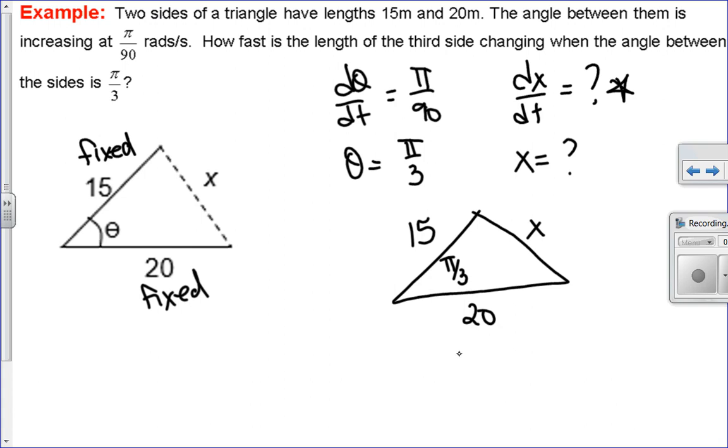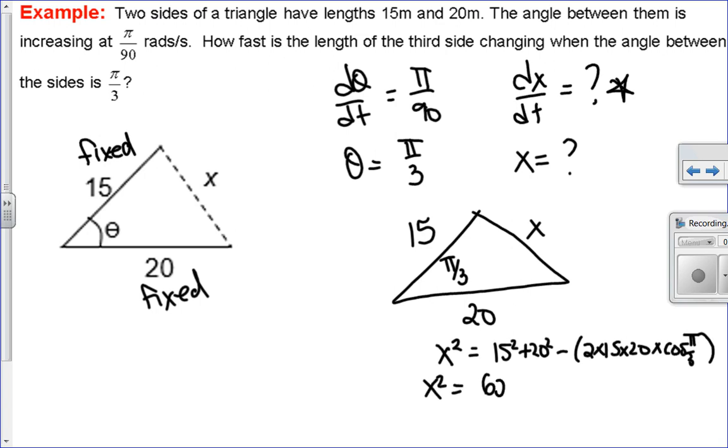So using cosine law, I'm going to say that x squared is equal to the other two sides squared and added together, subtract twice their product, multiplied by the cosine of pi over 3. Cosine because it is cosine law. So x squared is equal to 15 squared plus 20 squared, which is 625.